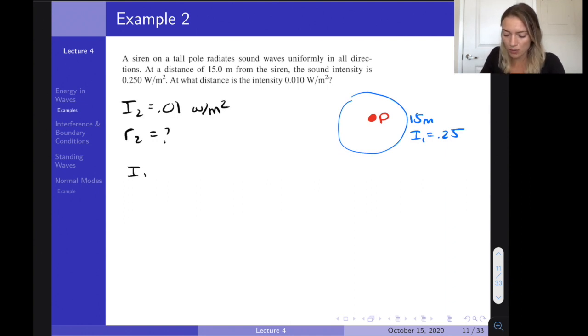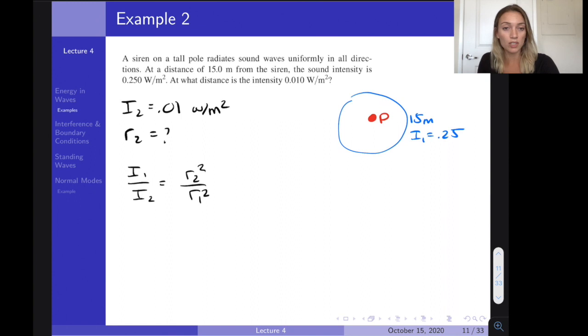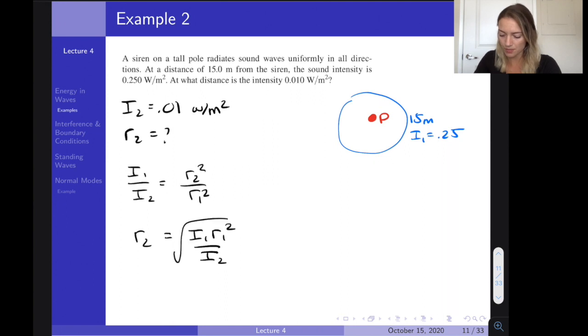So we can just use the formula that we used before, where I1 over I2 is equal to R2 squared over R1 squared, and we're looking for R2. So just solve this for R2. We get R2 squared is equal to I1 R1 squared over I2, and then we can just take the square root of everything to find R2.